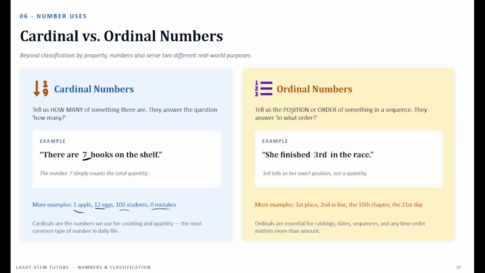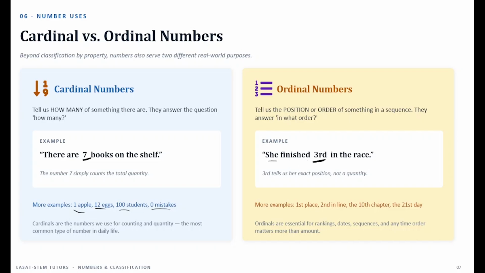And then we have ordinal numbers. They help tell the position or order of something in a sequence. So when you are asked in what order something is, for example, you're on the 10th page of a book. This is the 3rd day of the month. Ordinal, order, ordinal.